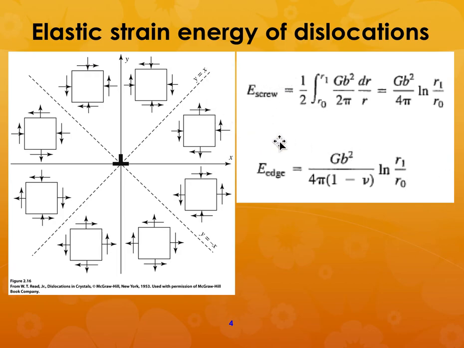So the elastic strain energy of a screw dislocation has been calculated to be equal to the shear modulus times the square of the Burgers vector, multiplied by the natural log of R1, the position where you are looking at the screw dislocation, divided by R0, where R0 is a standard number.